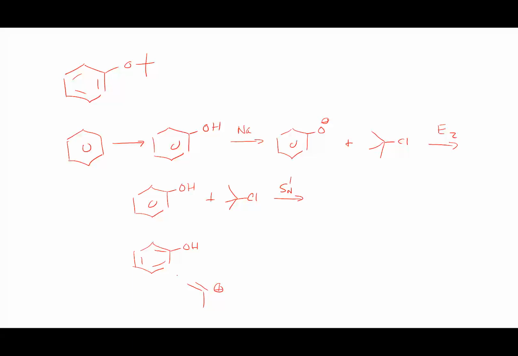So we can't do this. That we cannot do. But having the phenol be a nucleophile so that we would lose the chloride to form the tertiary butyl carbocation, and then the phenol would come in and add to it to form the ether.